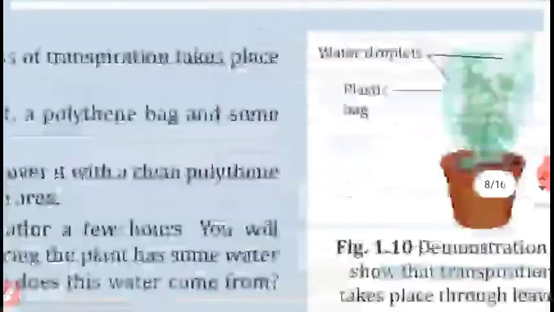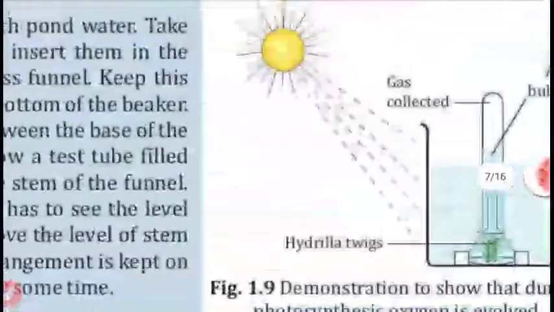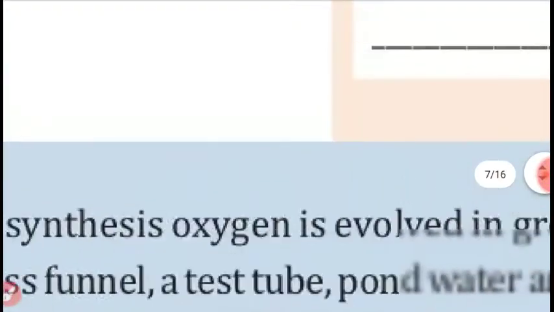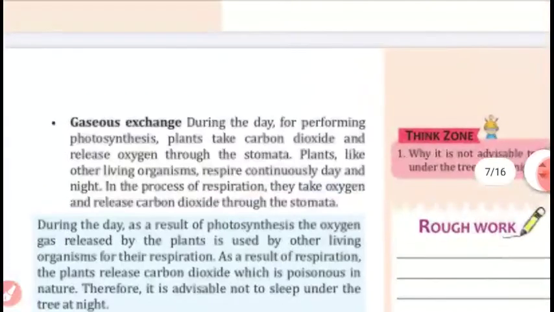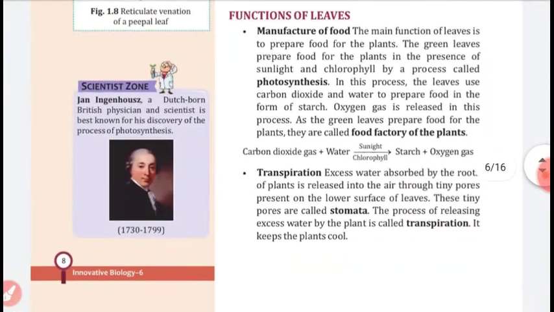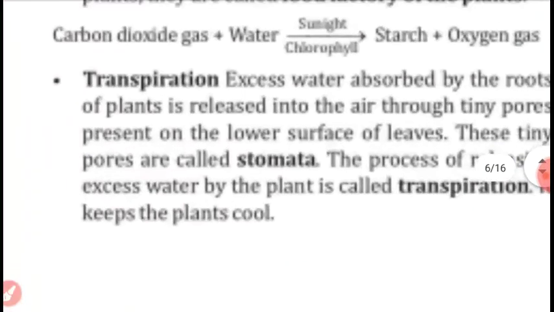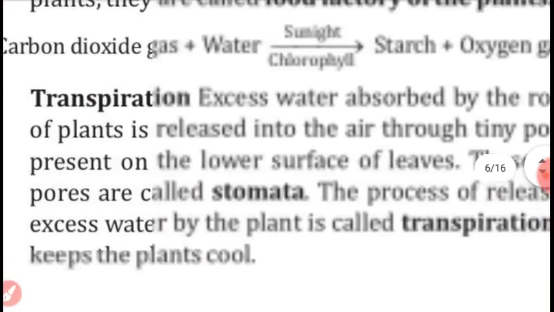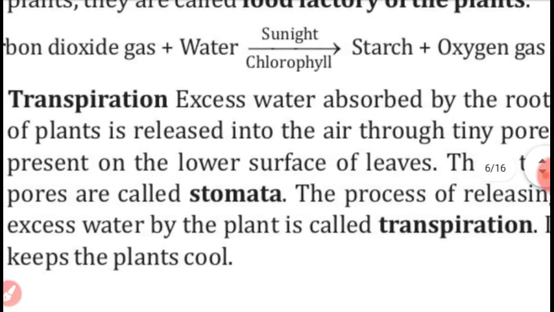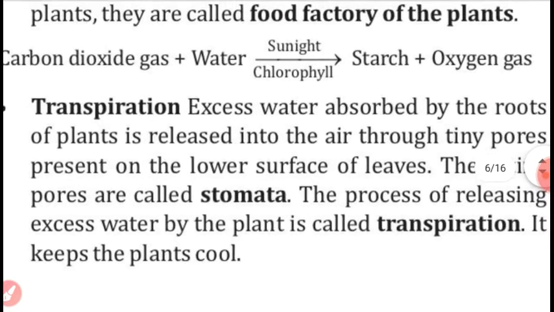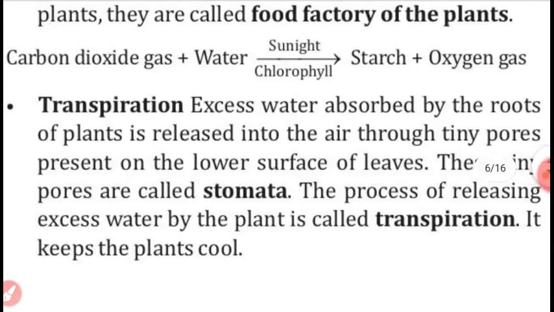Then students, the next function of leaves is transpiration. What is transpiration? First of all, students, it is the process of releasing extra water by the plant, and this is done by the stomata. What are stomata?